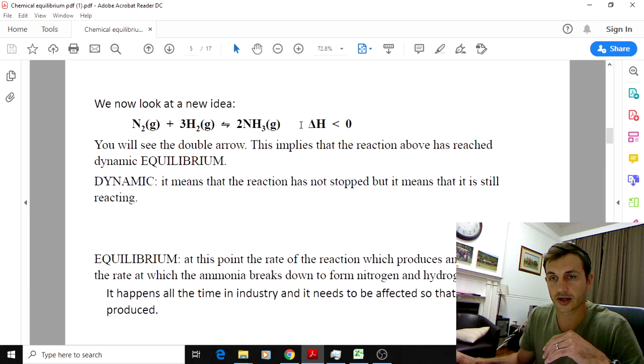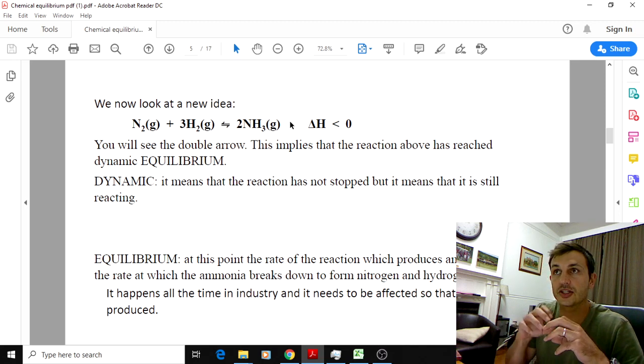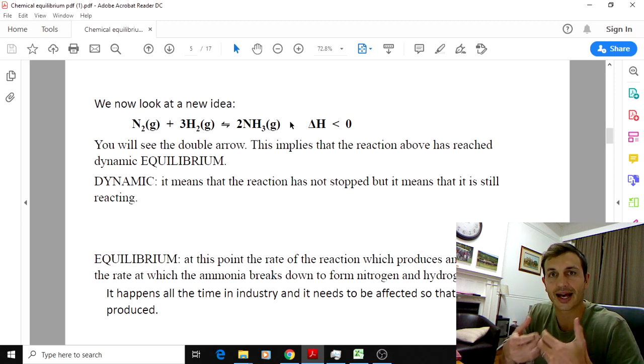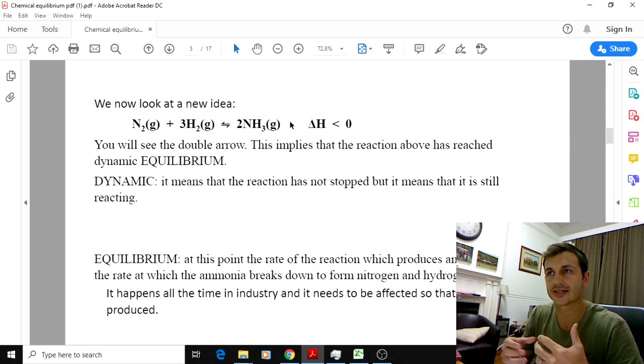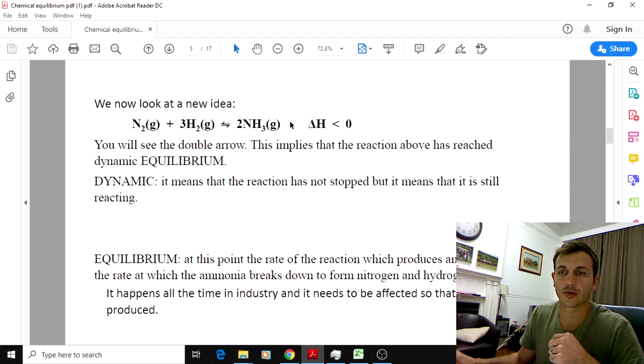This is an exothermic reaction. The forward reaction is exothermic, so energy is given off. It means it doesn't like heat. So the disturbance here is an increase in temperature. It's not going to favor exothermic, because exothermic doesn't like heat. So it will favor the endothermic reaction.